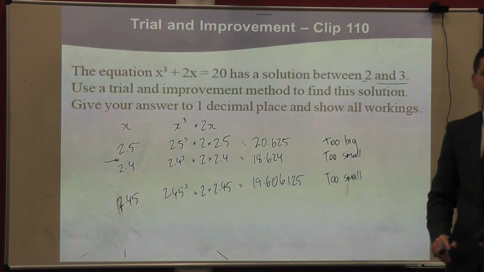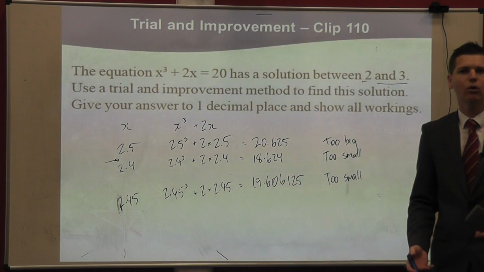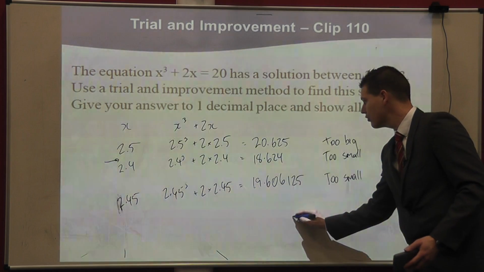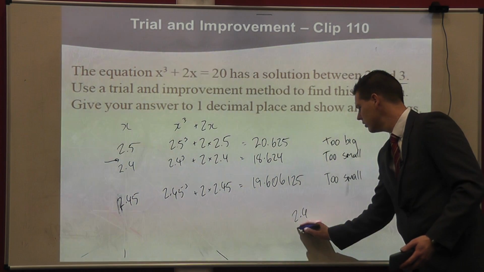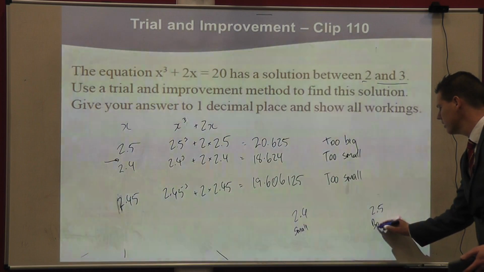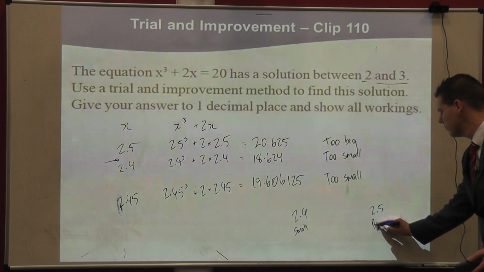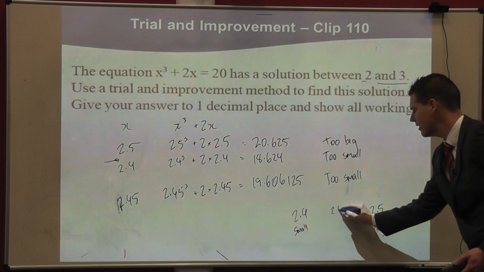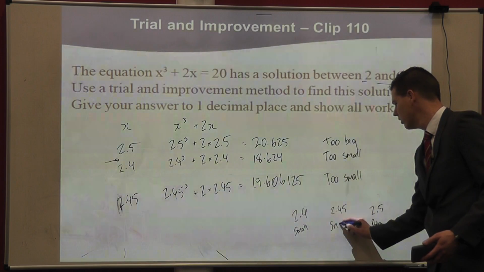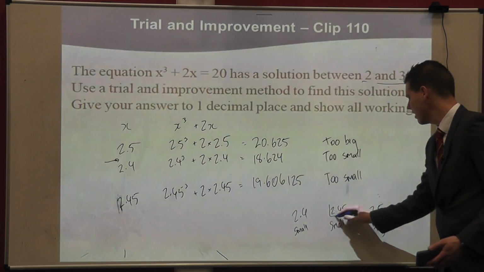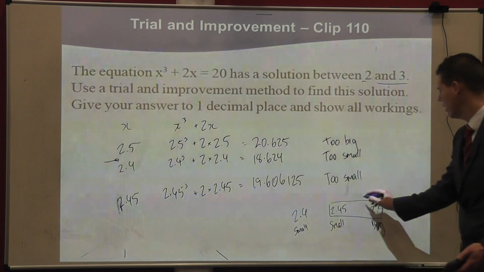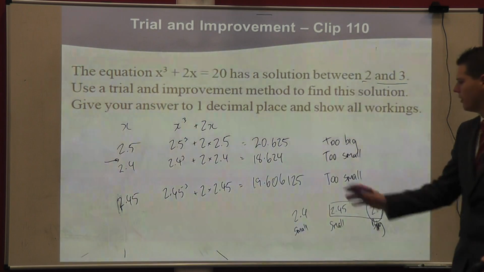So you need to make the decision. Are you going to choose 2.5 or are you going to choose 2.4? It's an easy decision to make because 2.4 was too small, 2.5 is too big, and then when we tested halfway, we decided that 2.45 was also too small. So I know the answer is going to lie somewhere in here, which means it's obviously closer to 2.5 than it was to 2.4.